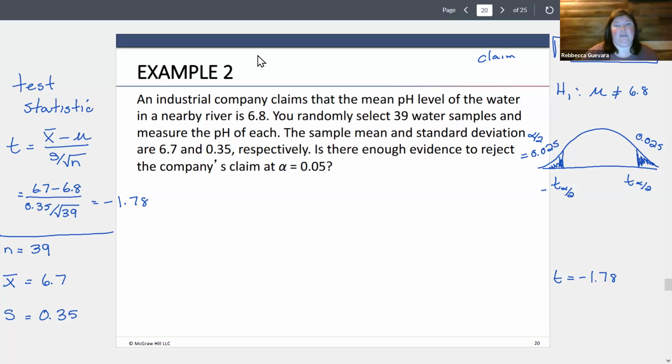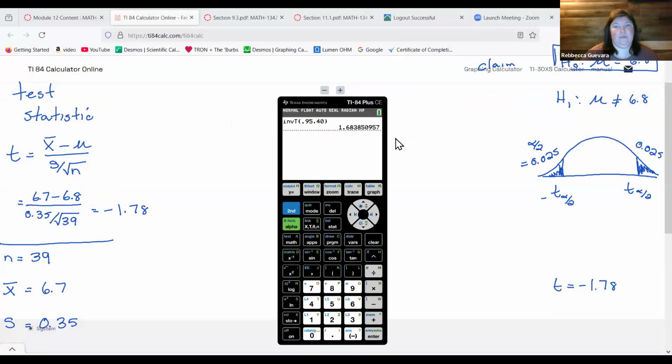All right. So I'm actually going to do this just from the calculator this time. I need to figure out what my T alpha divided by 2 is. So once again, we go to second, vars, and number 4, and we put in our area. I just need to do one of these because remember, T-scores and Z-scores are symmetric when we have the same amount in each tail.